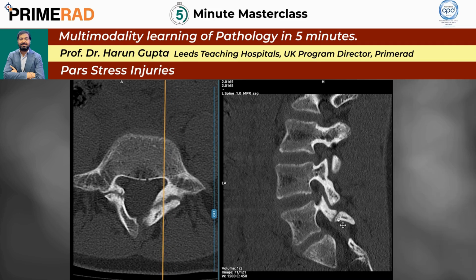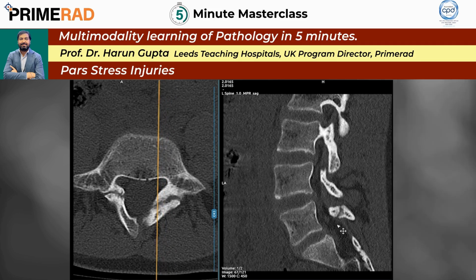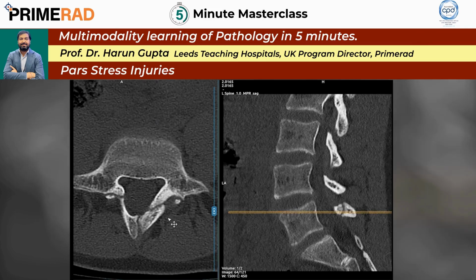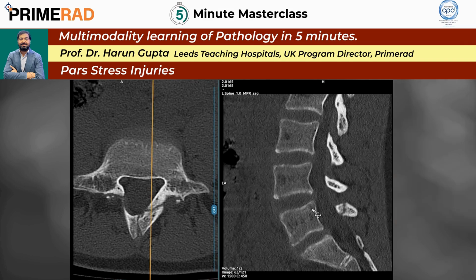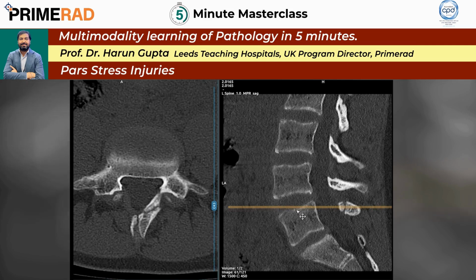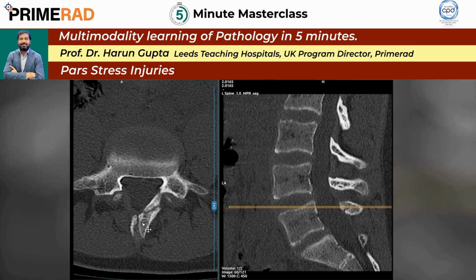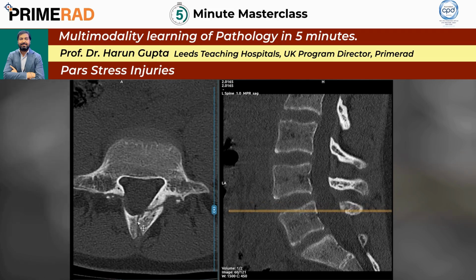There's a bit of bony hypertrophic change and a bit of remodeling changes in the posterior element, and this seems to be extending medially. So we can see here these changes are extending medially into the lamina, and all these changes are extending medially all across the lamina to the region of the spinous process, and there is spina bifida sort of variant here where this is not fused.